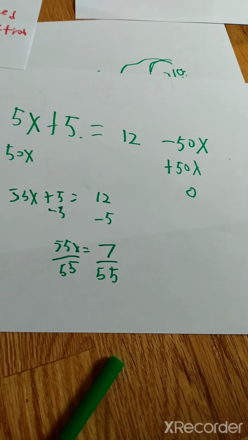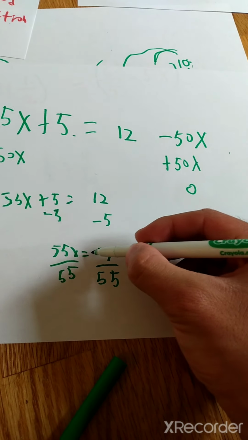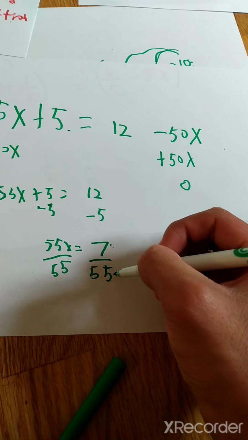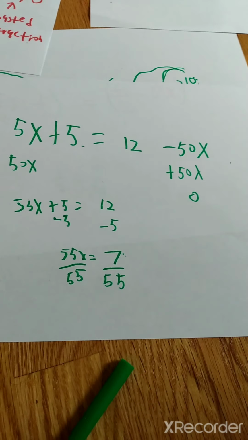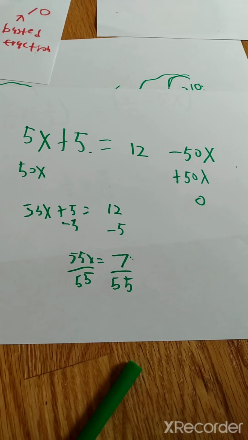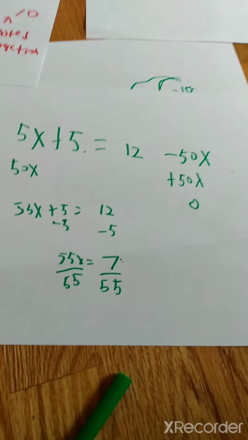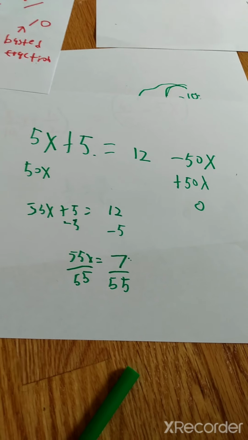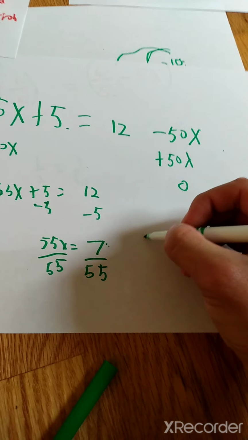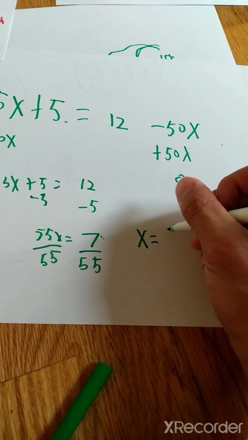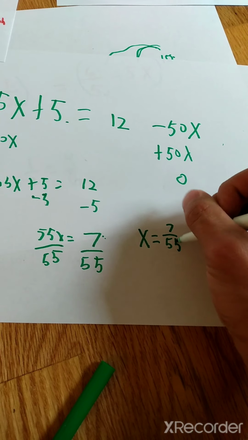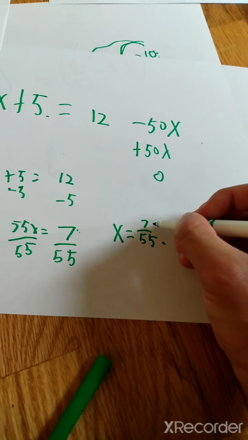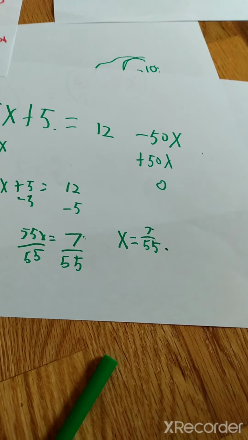If you come across an equation or an answer as x equals 7 divided by 55, sometimes your teacher just wants to leave it as a fraction, because if you put it in a decimal, the decimal might be irrational. So pretty much, we're going to say x is going to equal 7 over 55 if you leave it as a fraction, because you can't evenly divide 7 by 55.